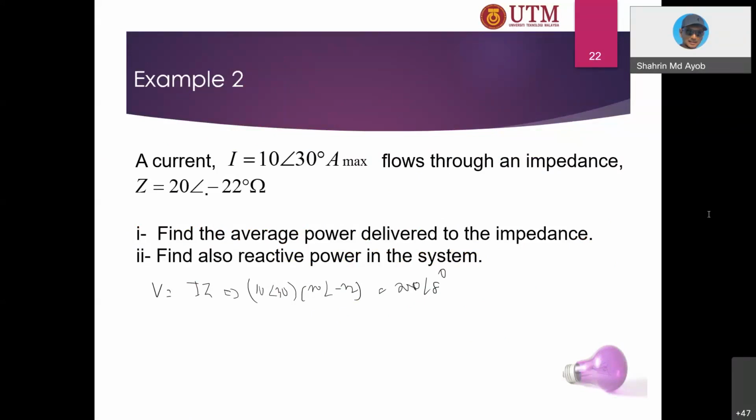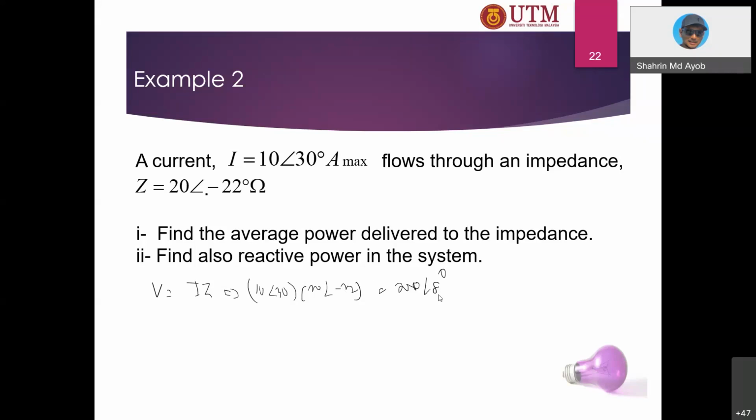Someone asked to revise a bit on how to convert the voltage and current into a polar form. Are you asking about using the calculator, or just from the time domain into a polar form? Okay, from time domain.